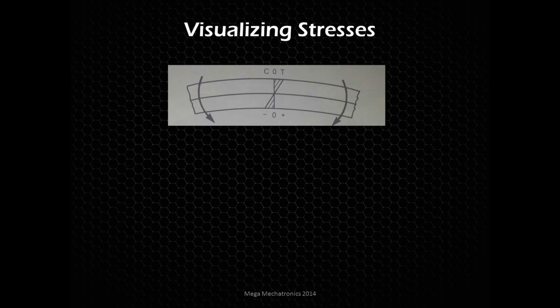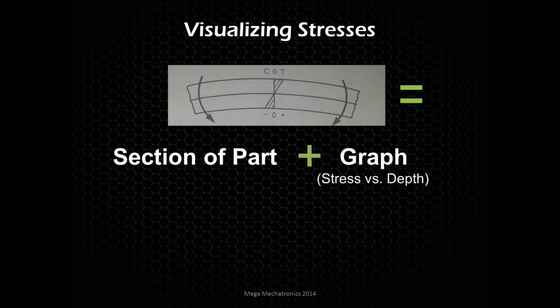It might look confusing at first, and I don't blame you. This is a section of a part, so physically how that part looks, plus a graph that's integrated into that, a physical layout of the graph within the physical layout. So the graph actually corresponds to the physical shape of that part.